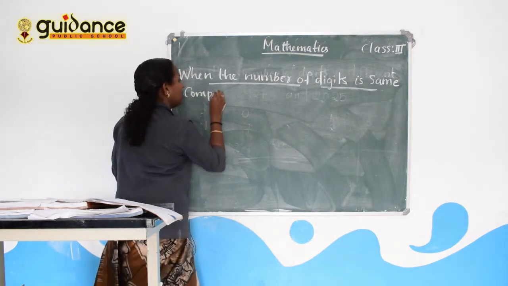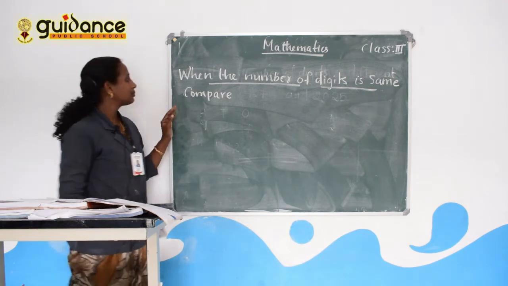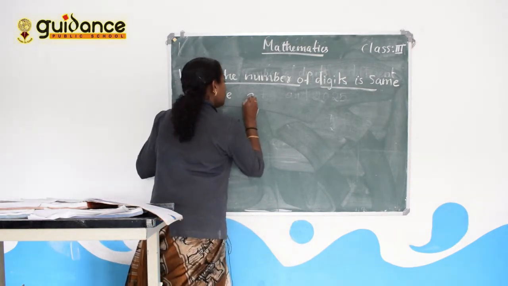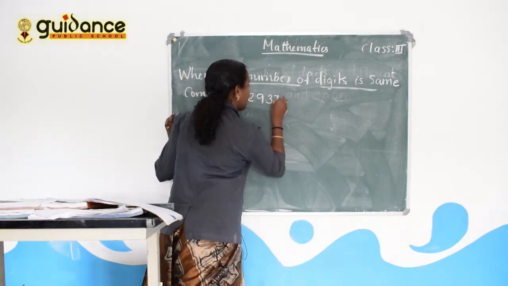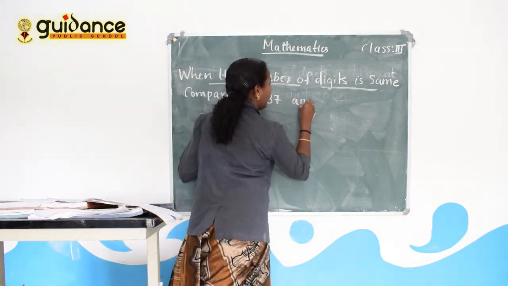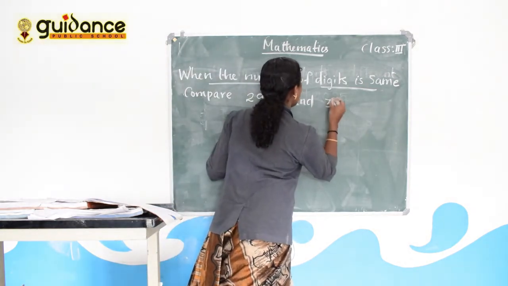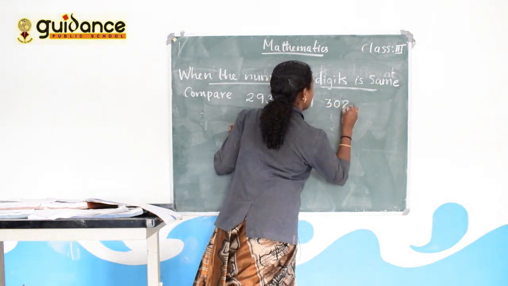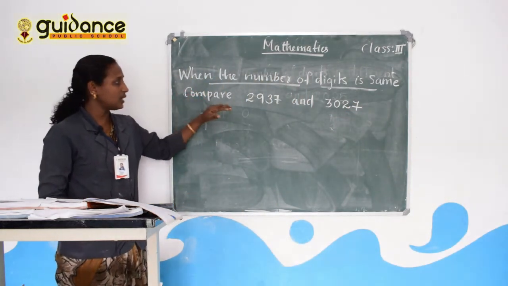Compare 2937 and 3027. So look at the question.